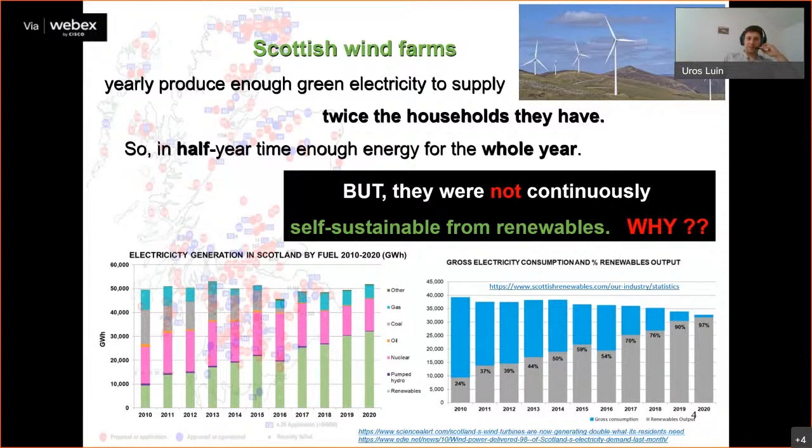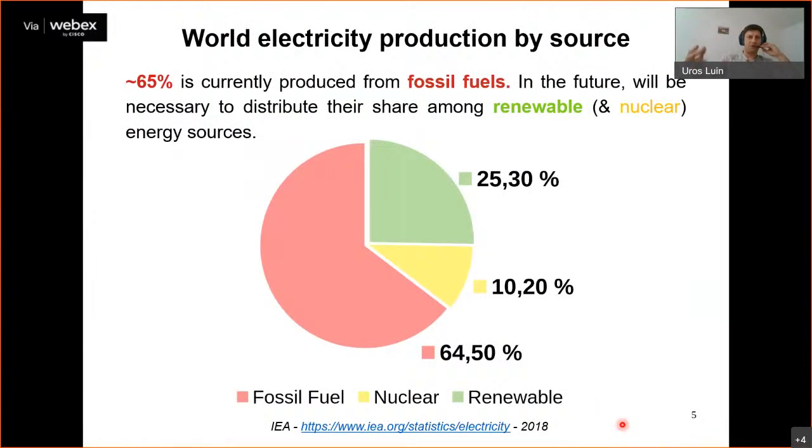And first, let's take a step back and see the global picture. So how is the world electricity production by source done? I made this chart, simplified, with data from the International Energy Agency from 2018, and I grouped together fossil fuels, nuclear sources, and renewable sources.